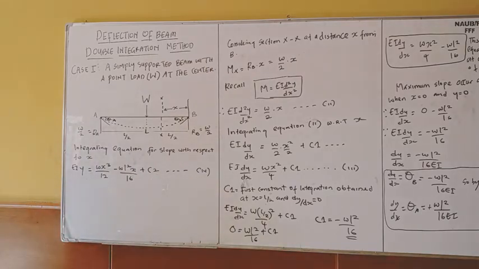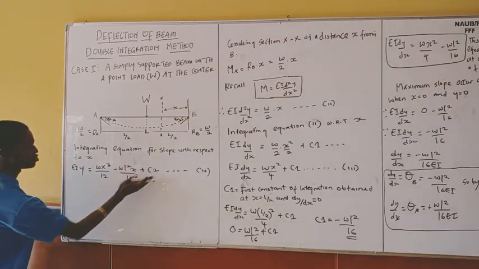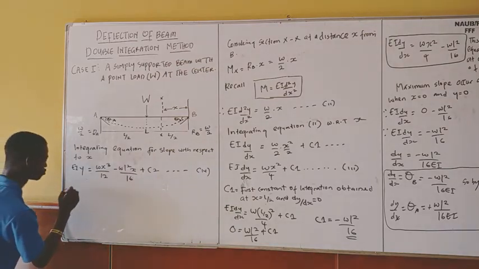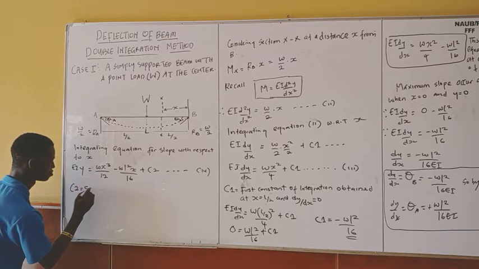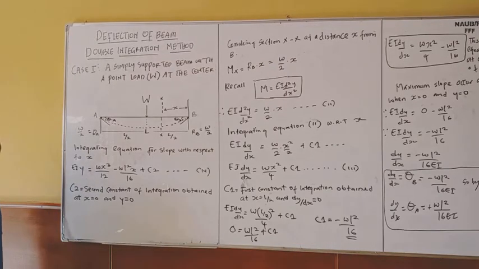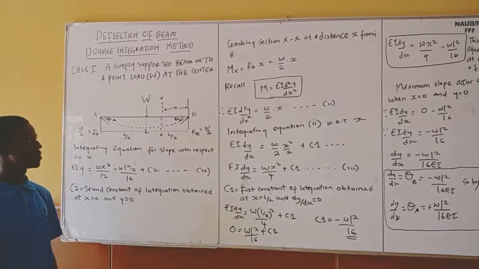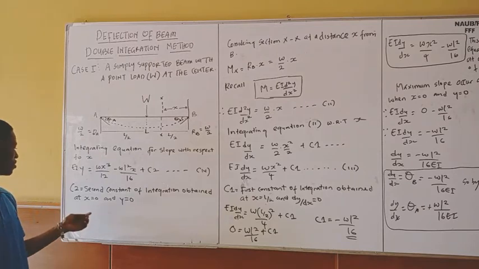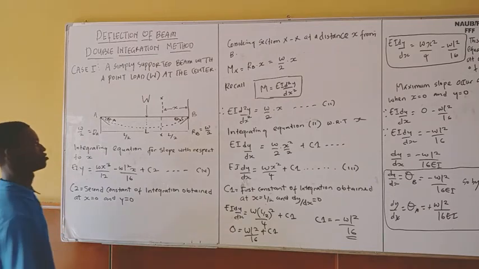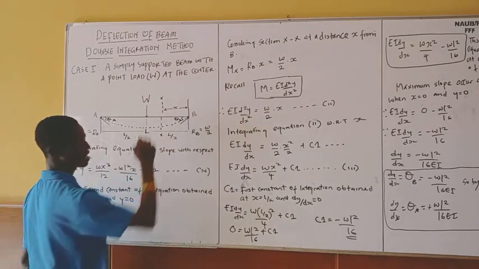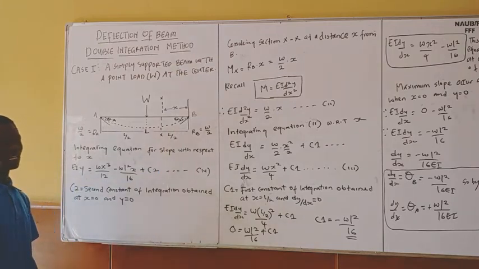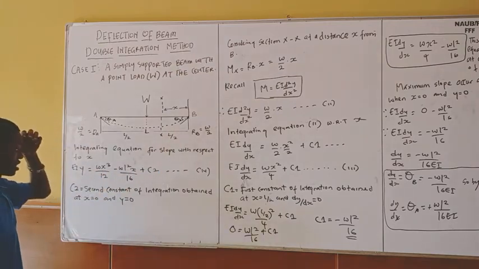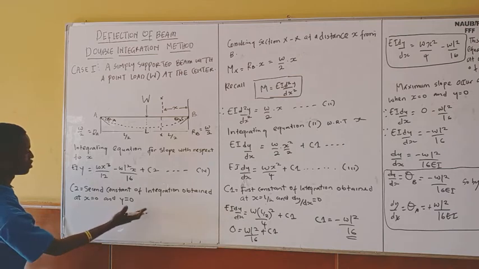So to find the value of my c2, the second constant of integration, it is obtained at x equal to 0, y equal to 0. So my c2 is obtained at this point, either A or B. You understand? At this point, x equal to 0, then y equal to 0.